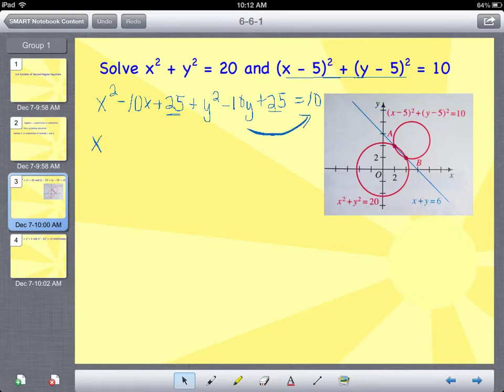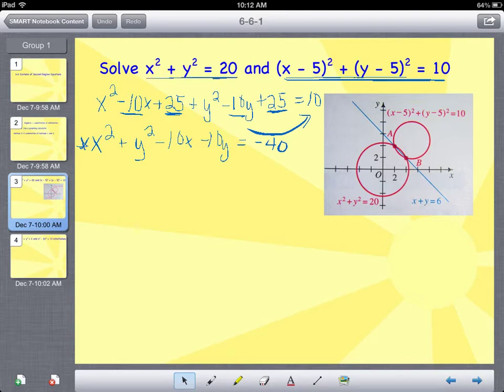So I'll have an x squared plus y squared. I'll put my other 2 terms here, minus 10x minus 10y. And since I'll be subtracting 2 25s, or 50, from both sides, I'll get a negative 40 over on the right side. So that's my second circle equation, just revised.